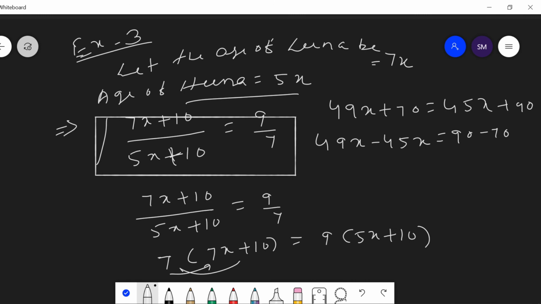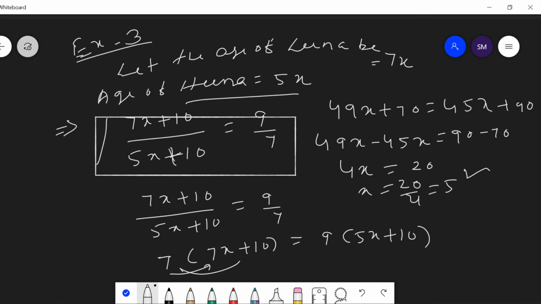Thus when any constant is multiplied with the variables, then when it shifts from LHS to RHS, the numerator changes to the denominator and the denominator changes to the numerator. Here 49x minus 45x is equal to 4x, which is equal to 20. Then x is equal to 20 upon 4, which is 5. You get the value of x is equal to 5.